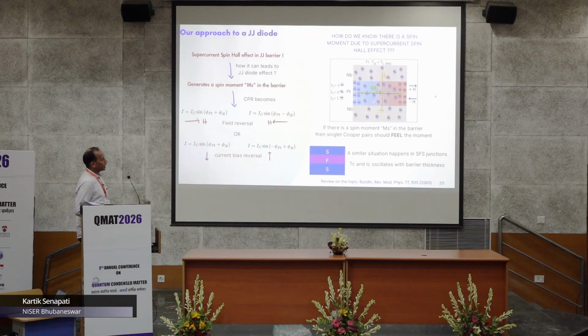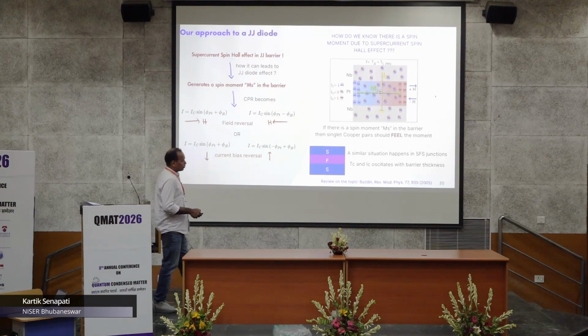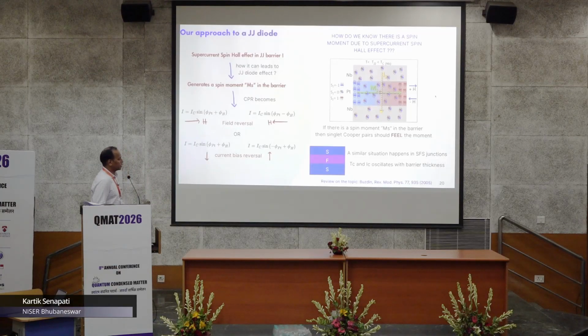It will not know whether it is a ferromagnet or not, but it will feel a moment. So it will feel like I'm going through a ferromagnet, and the response will be like usual ferromagnetic junctions, although this is not a ferromagnet. So what happens in this case has to be visible here. The typical thing that people see in this case is something called zero pi transition.